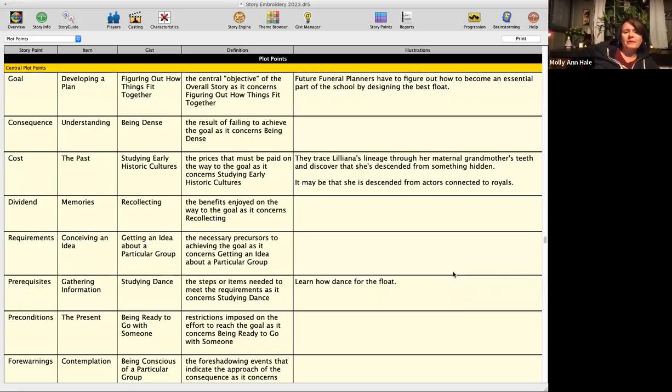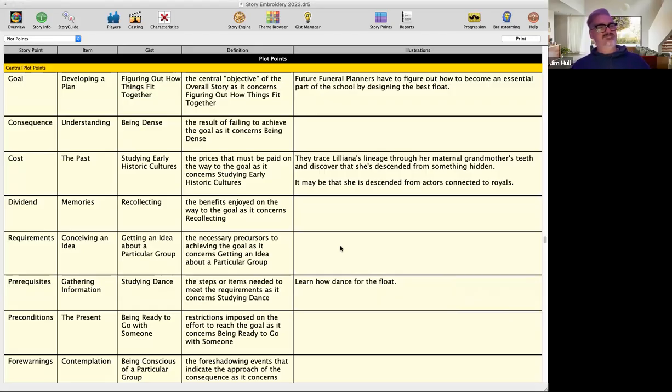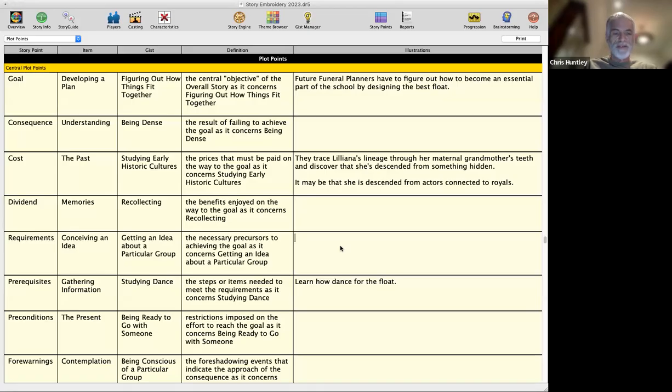Okay, requirements, getting an idea about a particular group. I was thinking maybe this is where there's the other group, which is the life coaches. But Taylor is convinced that they're all terrible people because they don't have good teeth. So getting an idea.